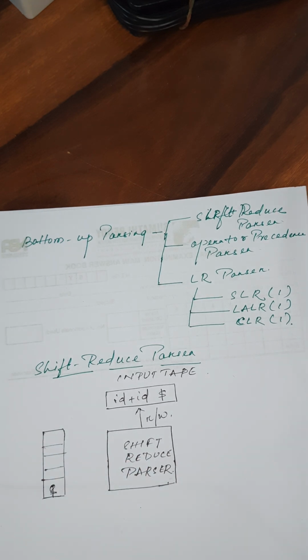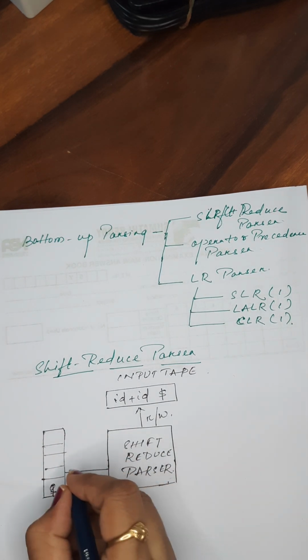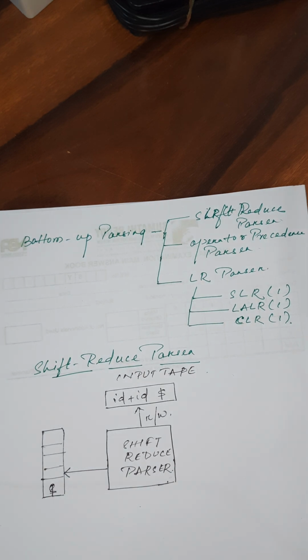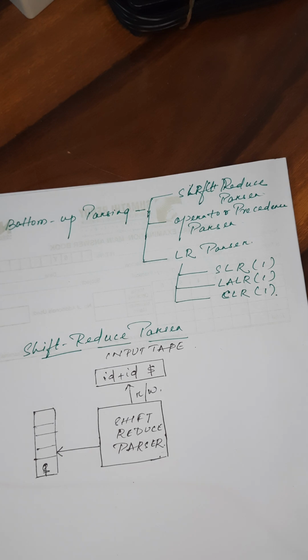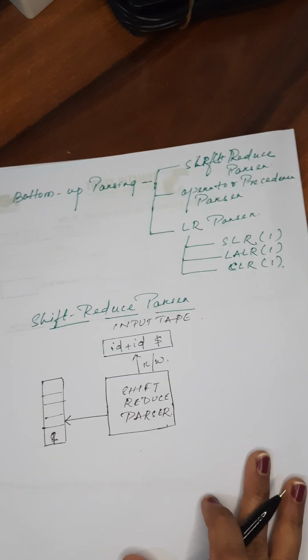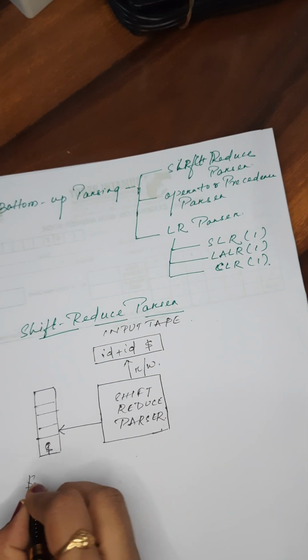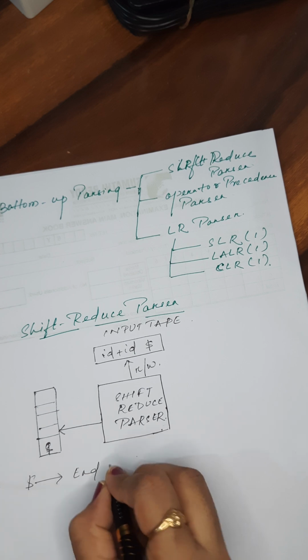That means this shift reduce parser will be connected to your stack also. Now, what is this dollar? Dollar is actually an end marker.